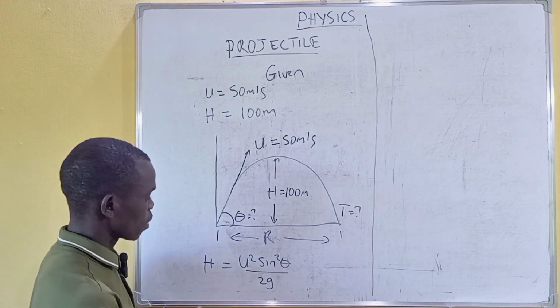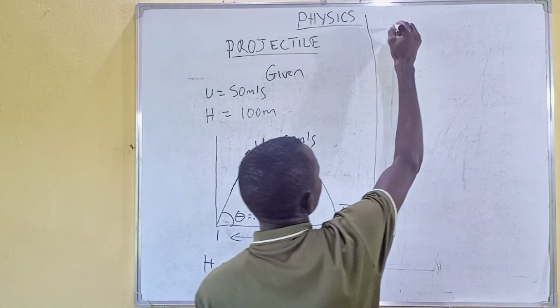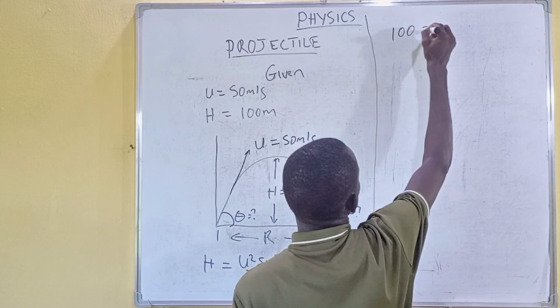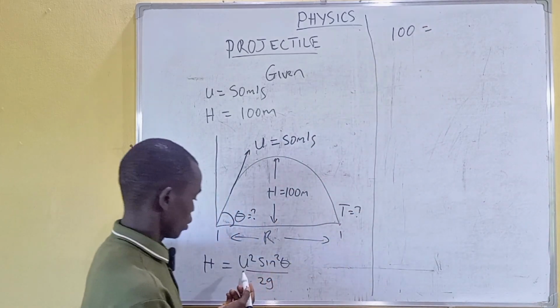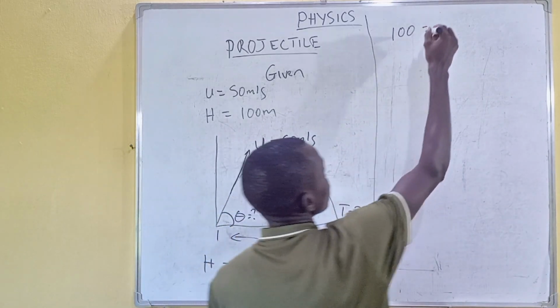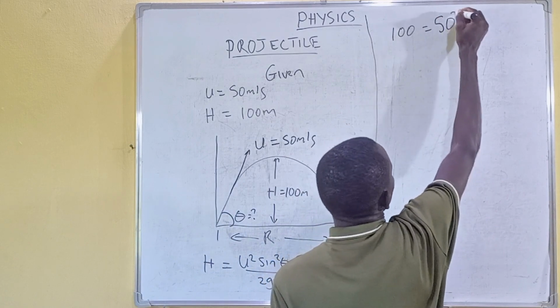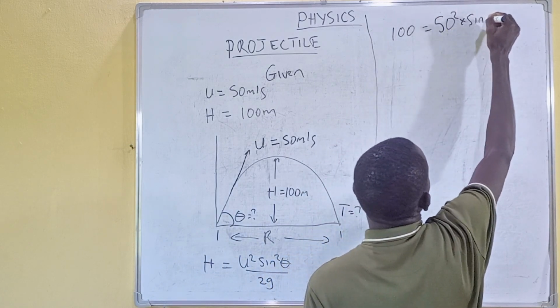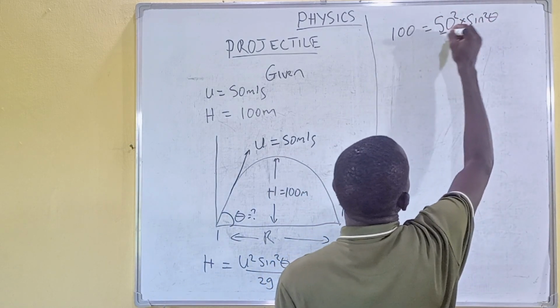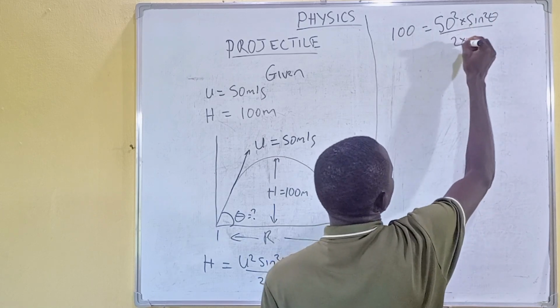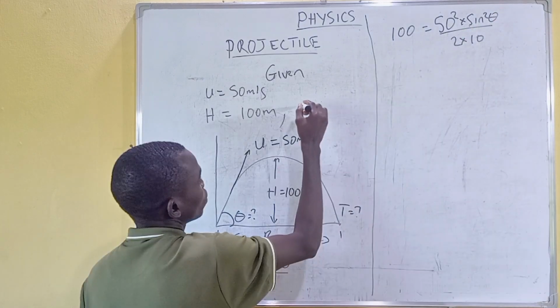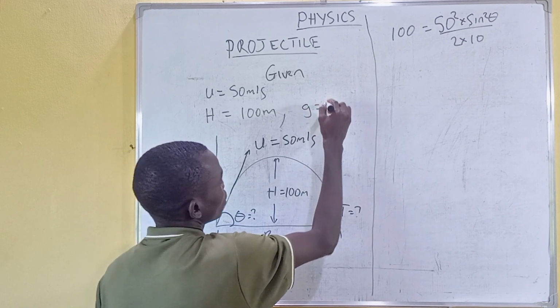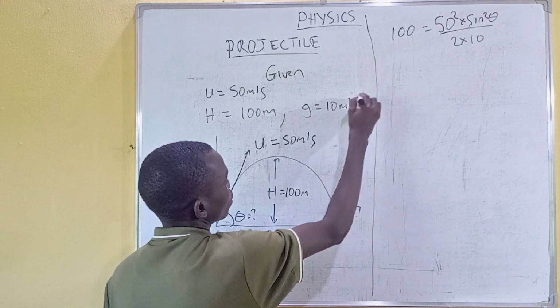If we are to input our values, we have h, which is 100, equals initial velocity, which is 50, squared times sine squared theta over 2 times 10. We are to take our g as 10 meters per second squared.